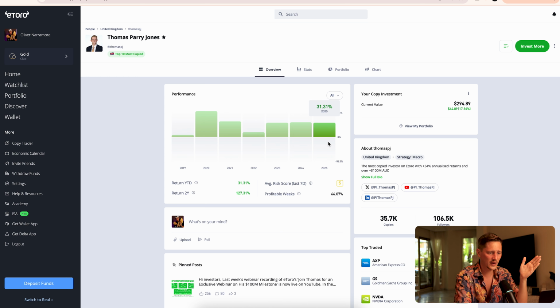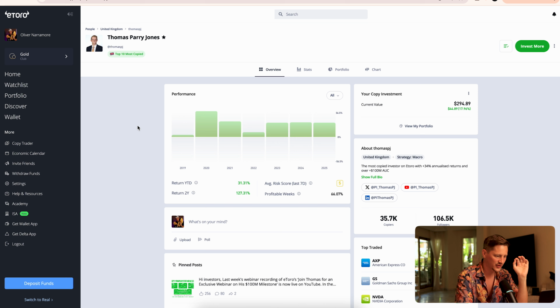Now, you'll see for 2025, he's had a 31% return, which is exceptionally good. 2024 was 31% over 2023. This consistency is really what you want when you're looking at a popular investor. You want to see consistency in their profile, okay? A few other things you need to look into are their risk scores.